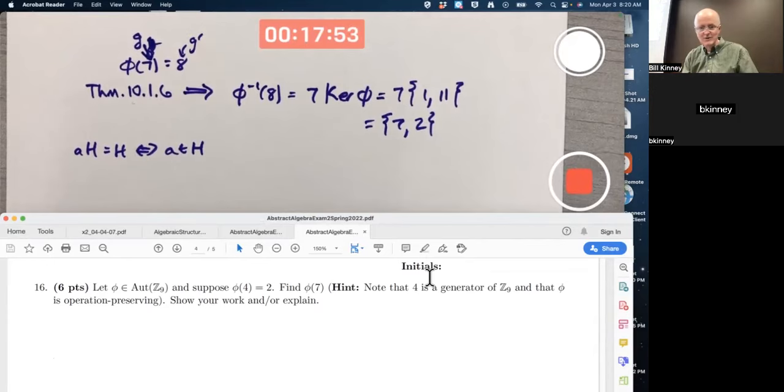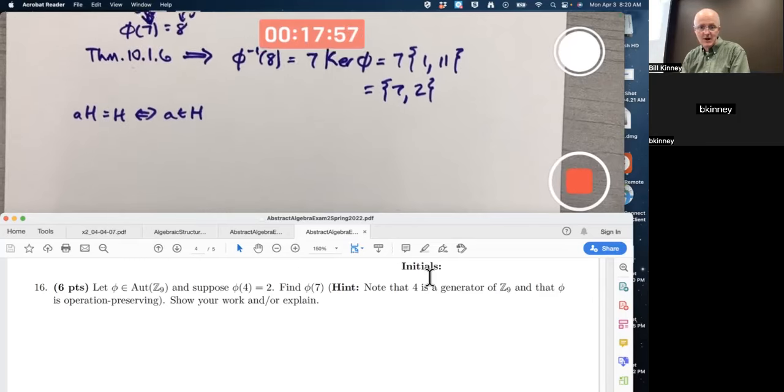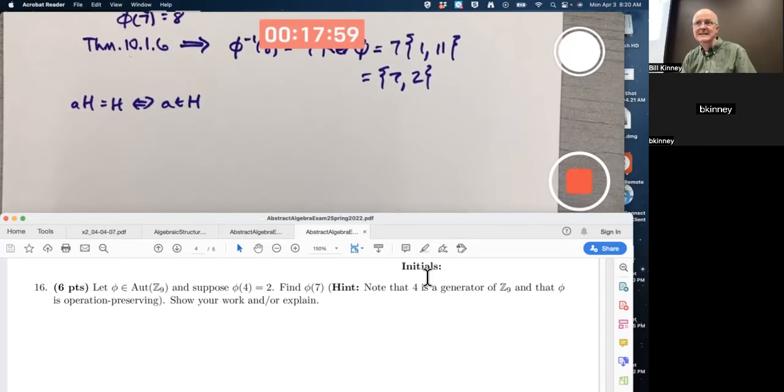16 also seems like it might be hard, and I think it is unless you really take the hint to heart. Suppose phi is an element of the automorphism group of Z9. So now we're talking automorphisms, isomorphisms from a group to itself.